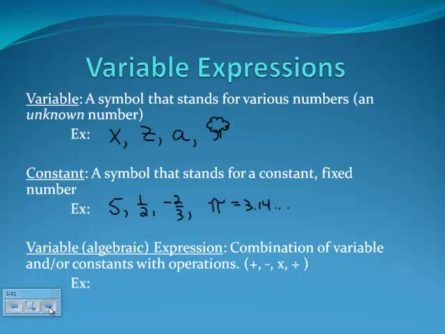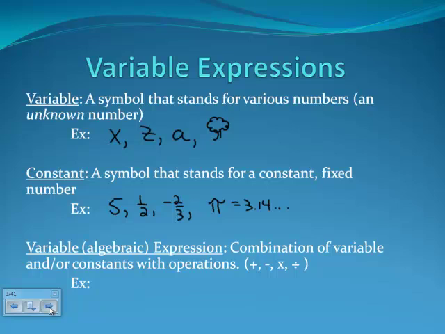That brings us to a variable or an algebraic expression, which is a combination of variables and/or constants. It doesn't have to have both. It could have just variables or just constants that are combined with operations: addition, subtraction, multiplication, or division.